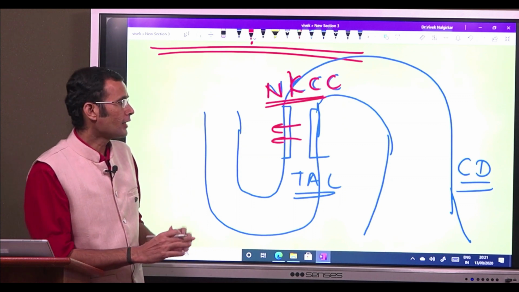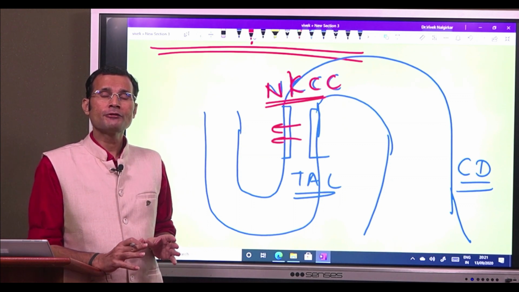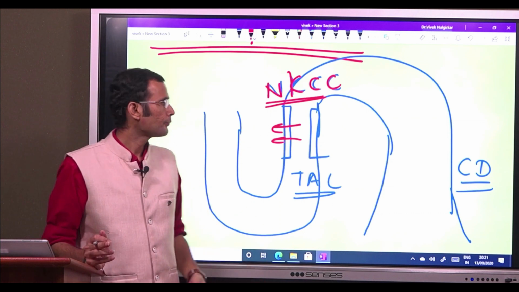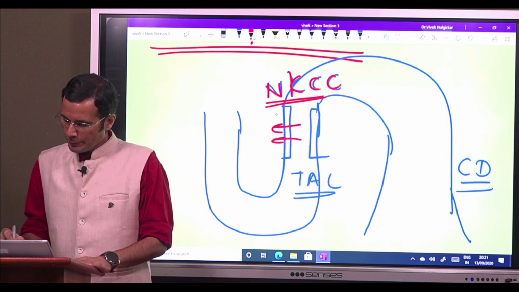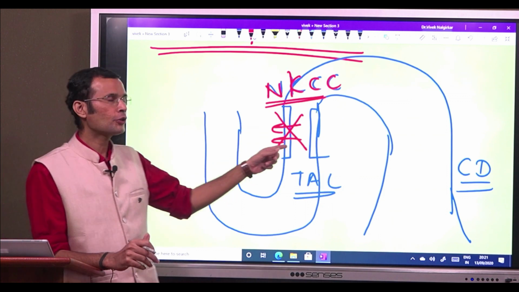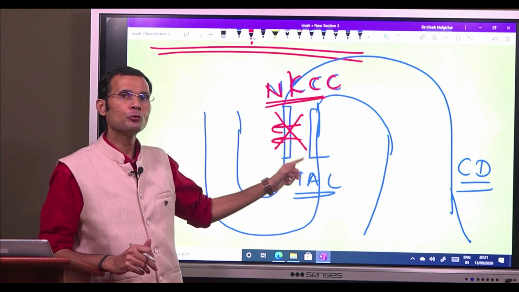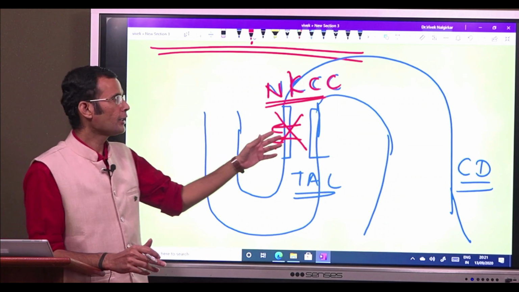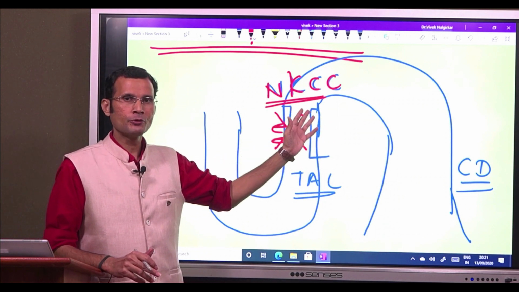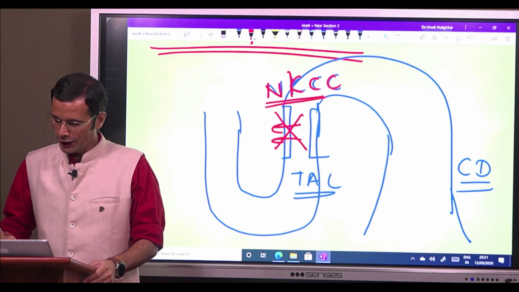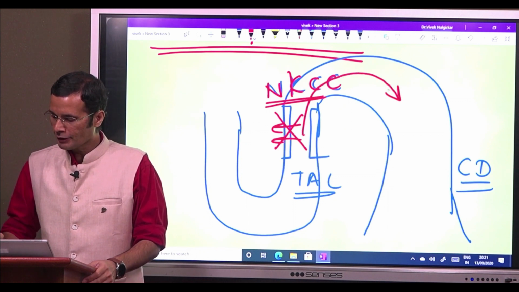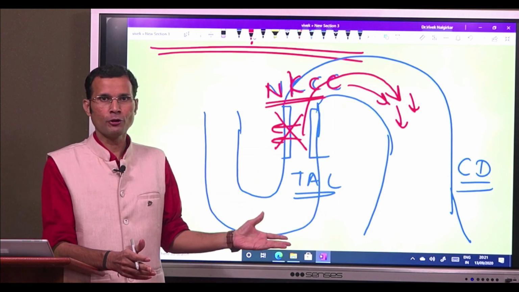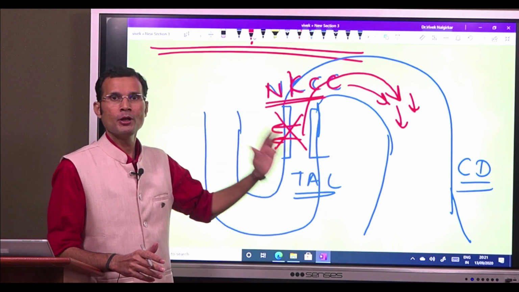Now there is a diuretic called furosemide, commonly called Lasix. It inhibits this NKCC transporter in the thick ascending limb of the loop of Henle. What will be the result? Sodium and potassium could not be reabsorbed. So sodium comes into the distal nephron, and wherever there is sodium, water follows. So more sodium, more water.